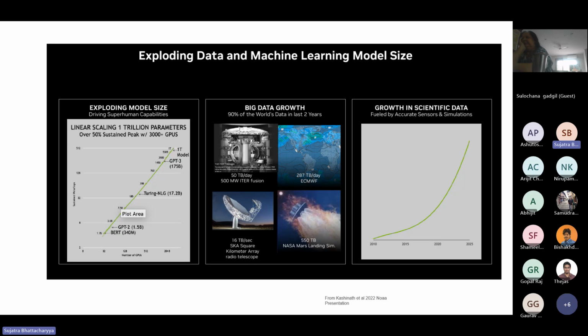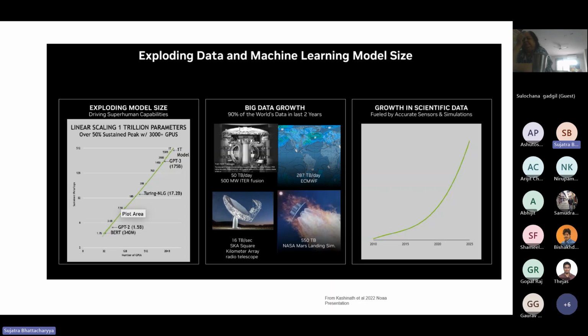GPT-3 is, I think, 175 billion parameters, and they want to go to 1 trillion parameters. That is basically the kind of information that we use with natural language processing like ChatGPT. So there's an exploding model size, and data is also growing very rapidly.